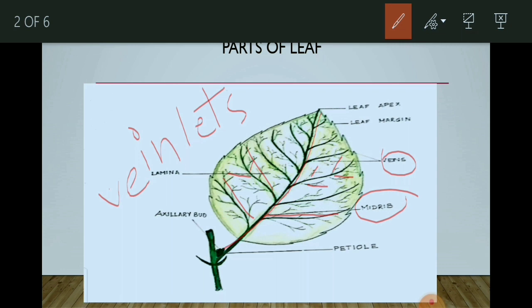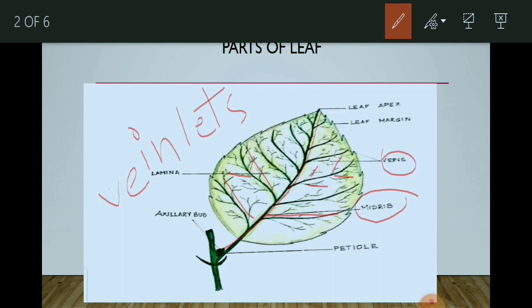So one thing will come to your mind. Then what is the function of this petiole, midrib, veins and veinlets? Mainly it conducts water and food. Now, you know very well that for the process of photosynthesis to take place, the leaf needs what? Leaf needs water.